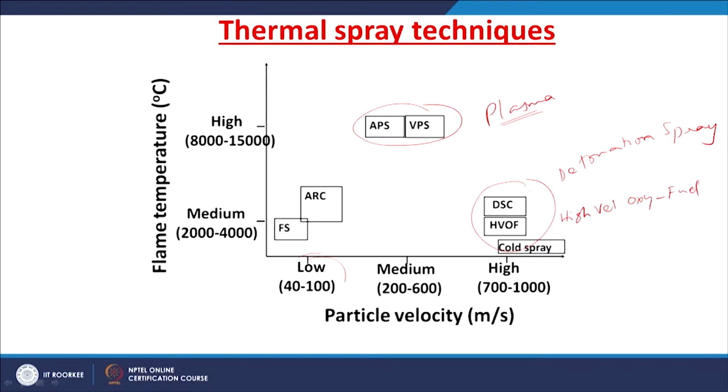These have temperatures of around 2000 to 4000 Celsius, but a very high particle velocity can be obtained in this technique. The velocity is around 700 to 1000 meters per second. So, these are major categories of thermal spray techniques based on the flame temperature and then particle velocity.